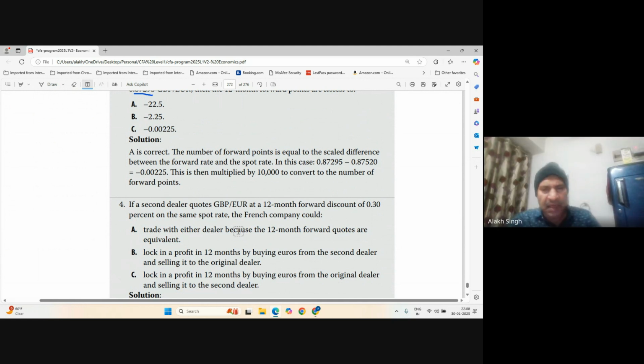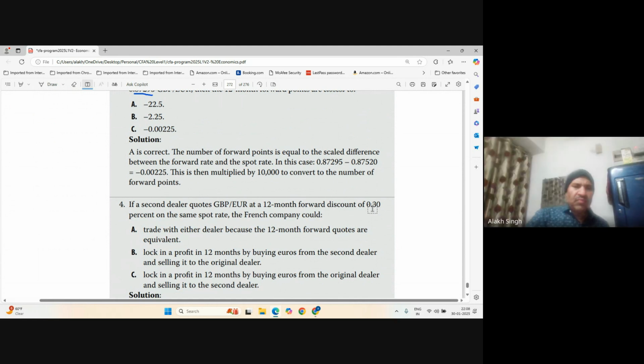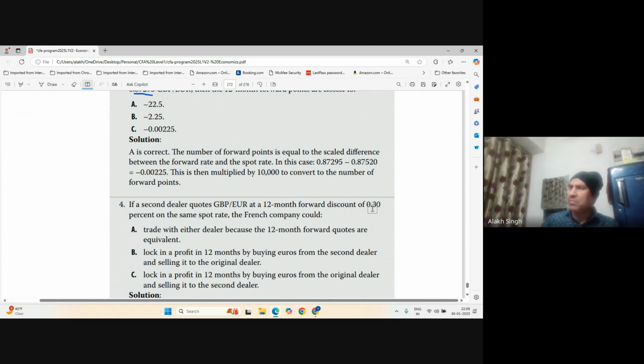So we have to buy from the second dealer and sell to the original dealer, because he is giving the forward cheaper: 0.30% discount. The first guy is giving 0.25%. So the second guy is giving more.